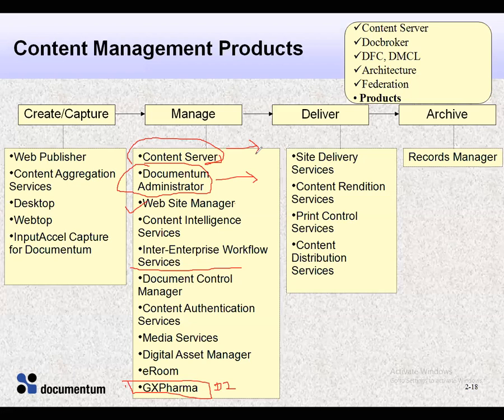I will provide this VM for the content server and DA only. Next, how to map the content rendition services?